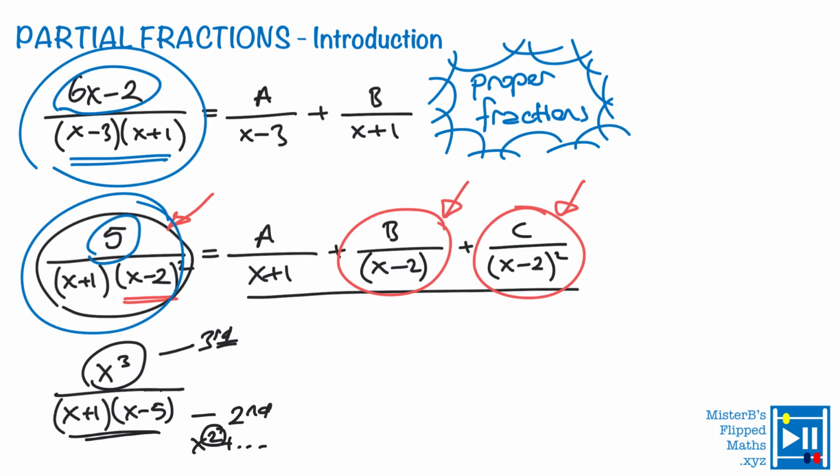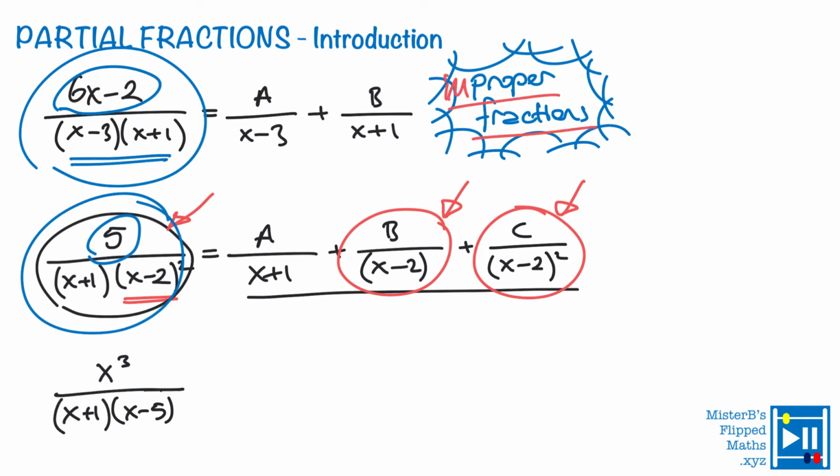So this is a second degree expression. Actually, these are polynomials when you expand them. So this is a third degree polynomial, and this is a second degree polynomial. So it is top heavy in terms of degrees, and we call these improper fractions.